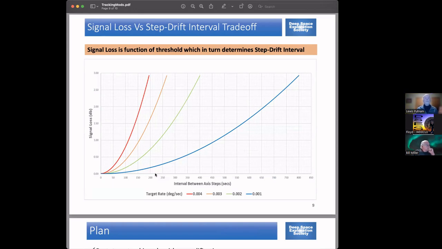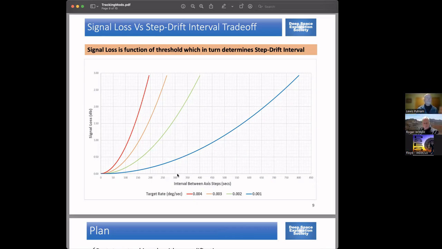So in this plot, you can start from a given signal loss you're interested in, go horizontally across until you hit the target rate of interest, and then drop straight down, and you can read off what the update interval would be.